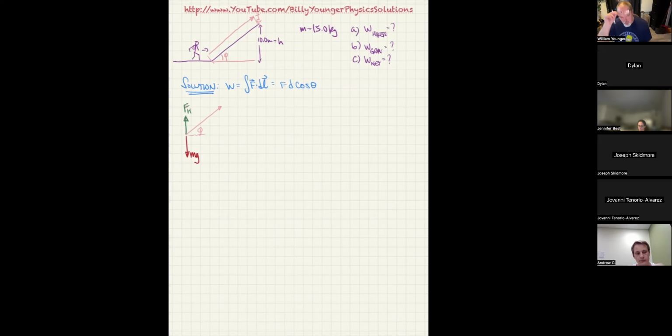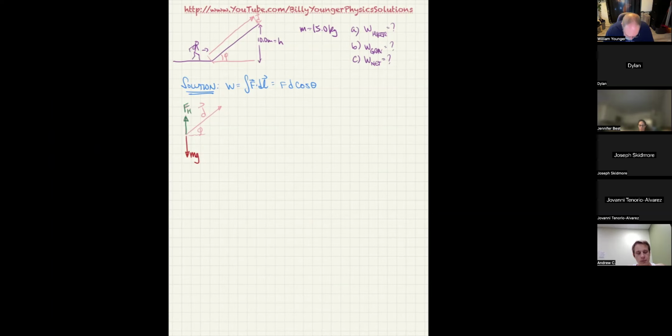If the acceleration was not zero, then the hiker would be putting a horizontal force on it as well to make it speed up or slow down. So that's what that allowed us to do by assuming it's not that way. So that's the way our forces are, and this is the way our displacement vector is, D, like that. We do know that the displacement vector has a y component that is equal to 10 meters, so that's kind of helpful. But other than that, it's not that helpful.